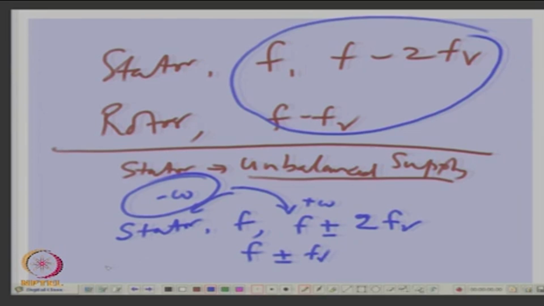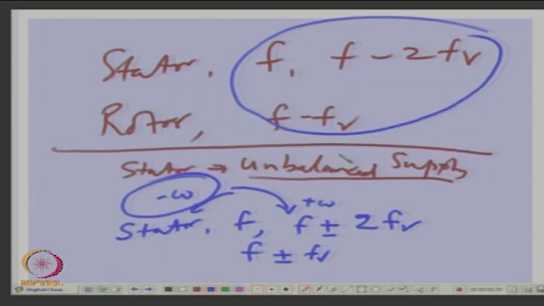The frequencies will be added, one extra in the stator and one extra in the rotor, because the rotor currents are asymmetrical, because the forward field will also induce a current, and the backward field will also induce a current. So this is the sequence of arguments and logic you need to understand, how the air gap fields will induce currents in the stator and rotor appropriately.